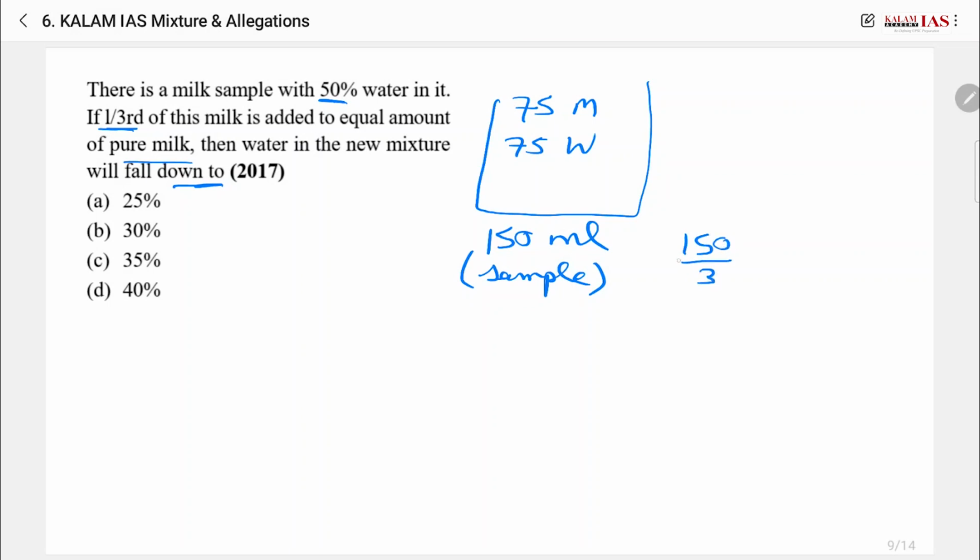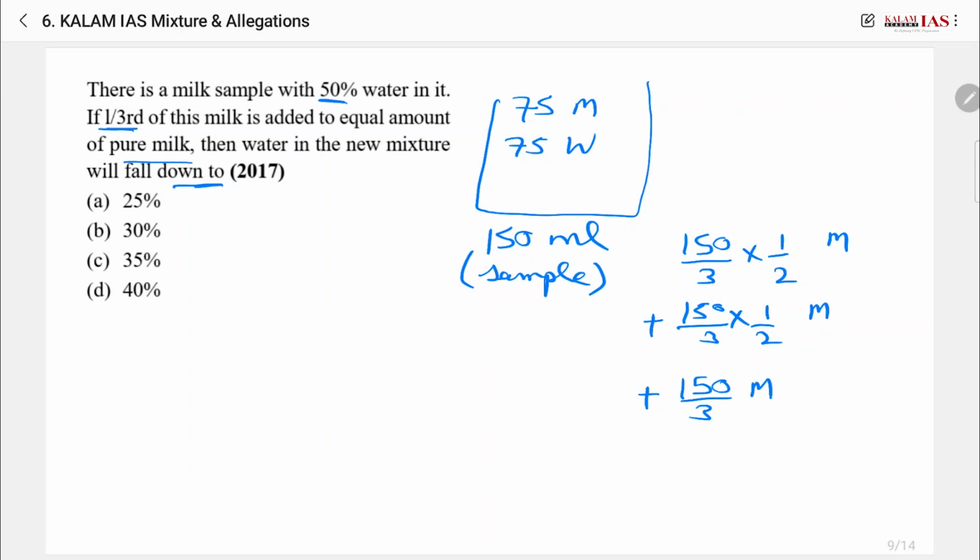In this sample, this amount will be milk and this amount will be water, because both are 50%. The total sample is 150 by 3, and now an equal amount of pure milk is added. That means 150 by 3 is added extra, which is pure milk, there is no water in it.